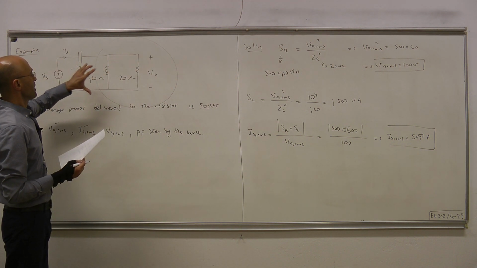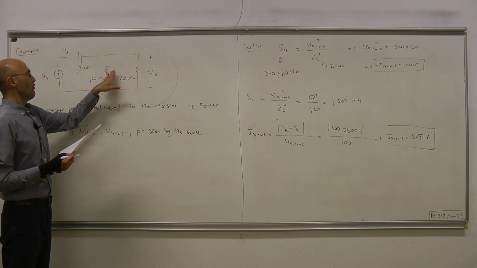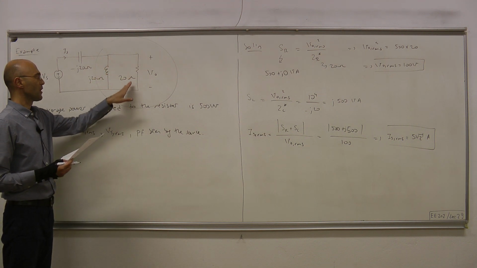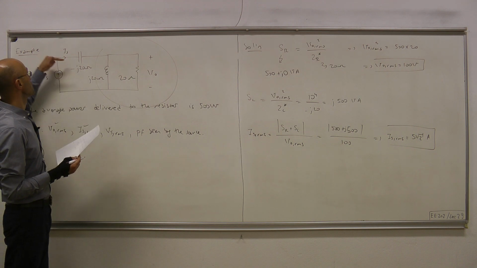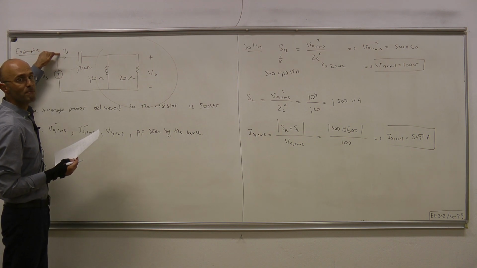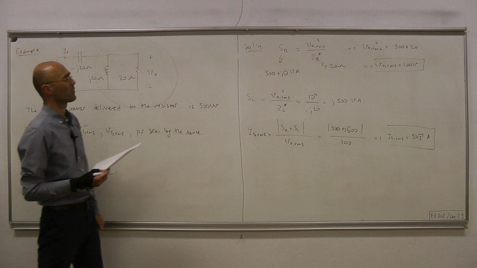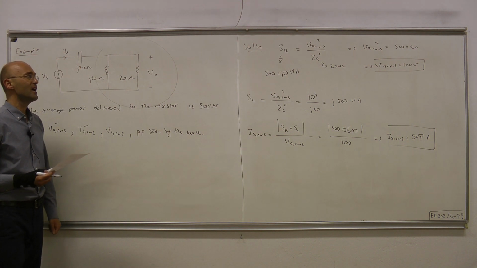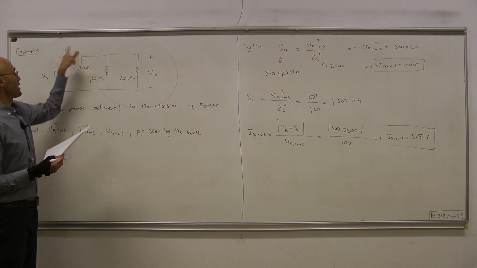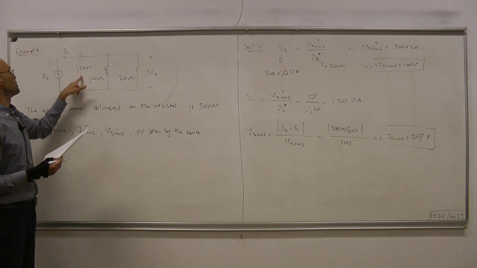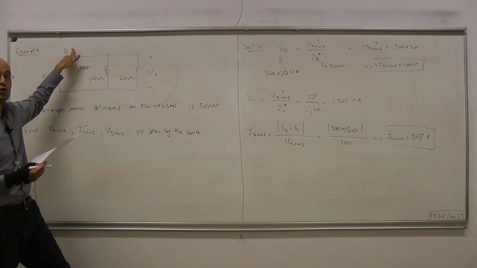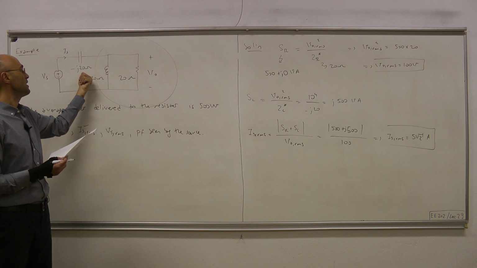Now, the complex power of the inductor and the resistor is computed. We also know the RMS value of the current passing through the capacitor. Therefore, we can compute the complex power of the capacitor, which is the RMS value of the current squared times the impedance of the capacitor.